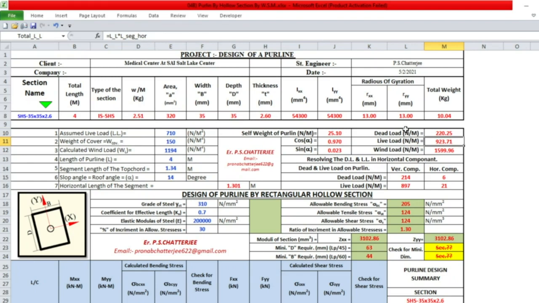This is Newton per meter. Live load is equal to live load into length of the segment in horizontal, that is this distance. Wind load is equal to wind load WL into length of the segment here, not this one.